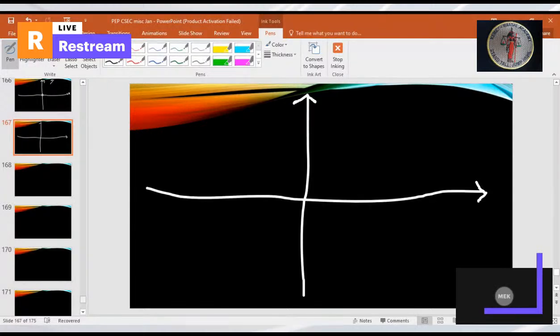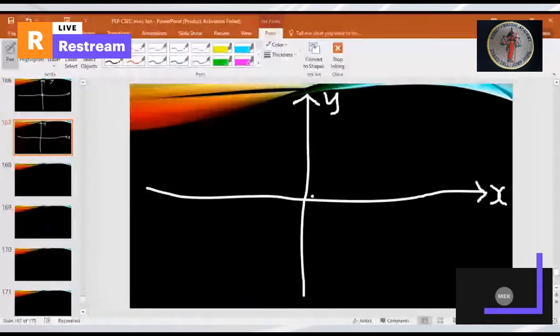The arrows that I have on each axis: the horizontal line is your x-axis, the vertical line is your y-axis. Here in the middle, we have the origin, which is (0, 0).